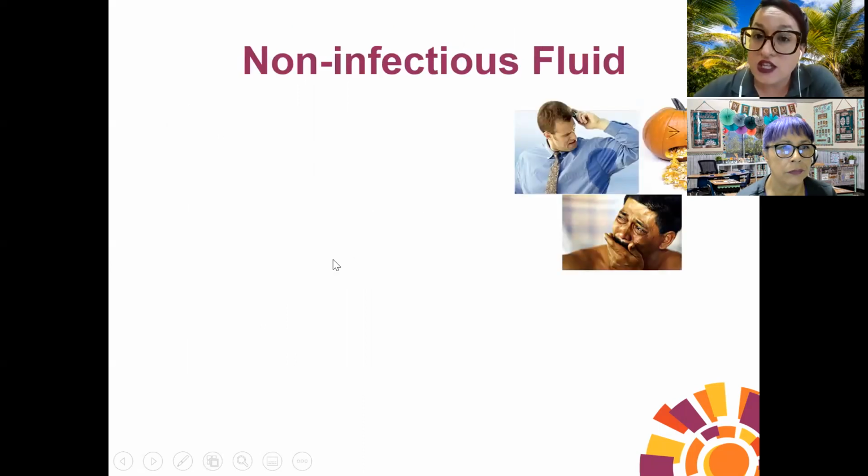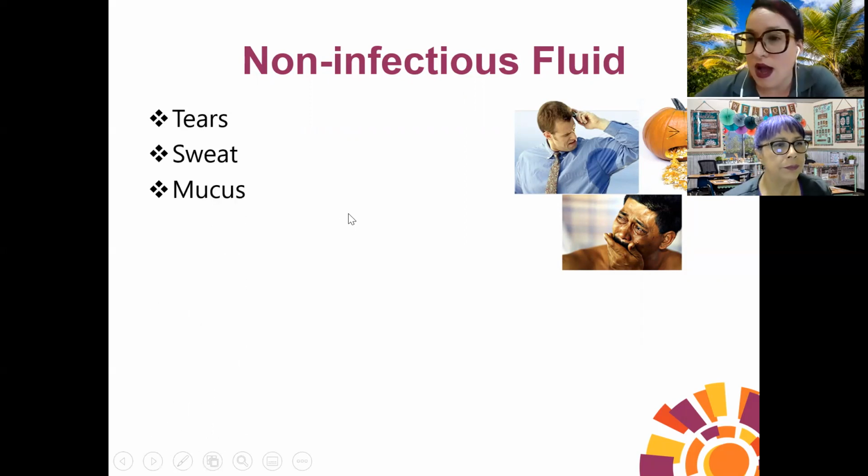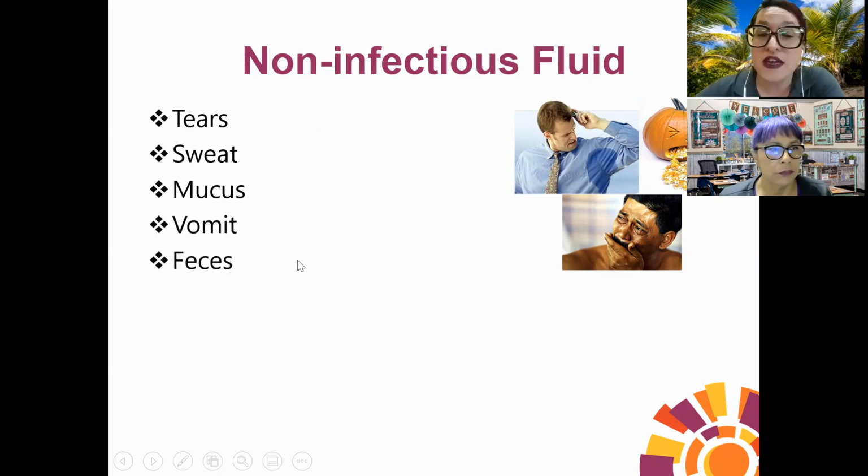Non-infection fluids are these ones. If you get in touch with them, you're not going to get infected with the HIV virus, even if the person is infected. Tears, sweat, and mucus. Why? Because these three are salty, and the HIV virus doesn't like salty substances. Vomit, feces, urine, and saliva.